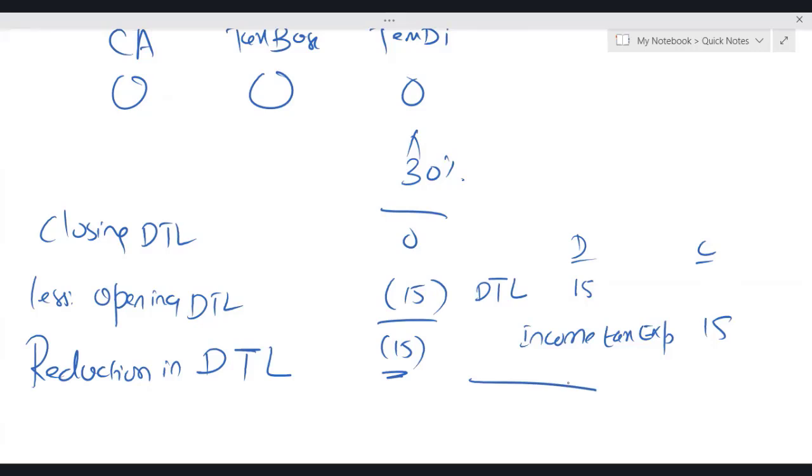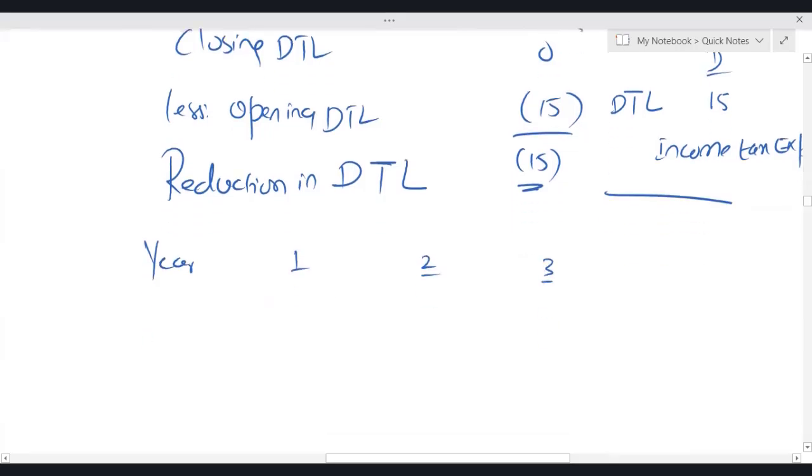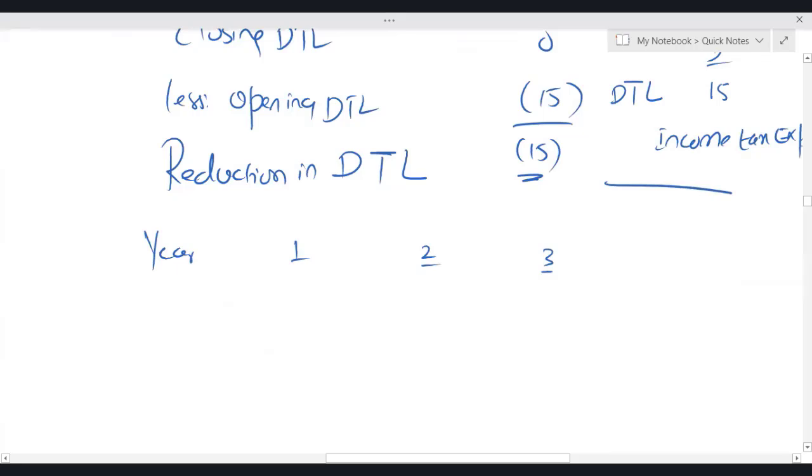Okay, now year 1, 2, and 3. If we calculate income tax expense, in the first year we have calculated income tax of 288. Second year, we calculated 297, and the last year, we calculated 315.